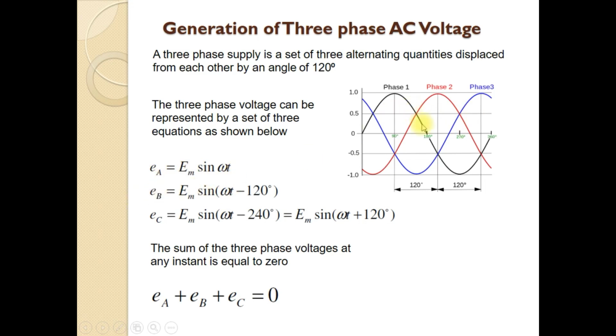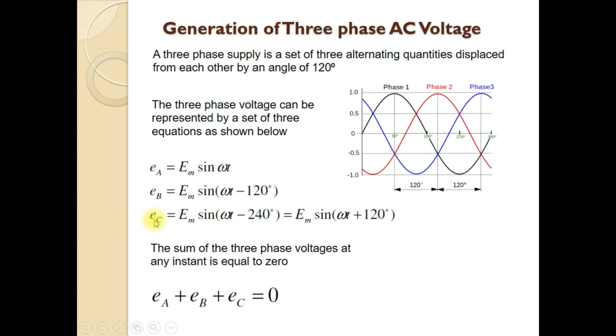And the second waveform, the red trace, is lagging with respect to the first trace by 120 degrees. So it can be expressed as EB equals EM sin(omega t minus 120 degrees). The amplitude of all three waveforms is the same and is taken to be EM. And the third one, EC, is lagging with respect to the first waveform by 240 degrees.